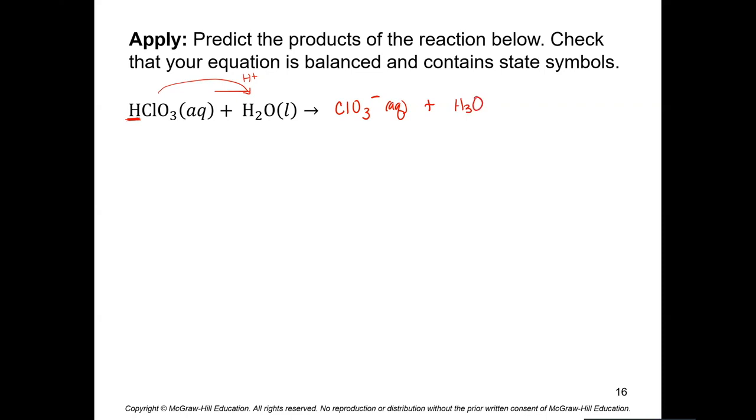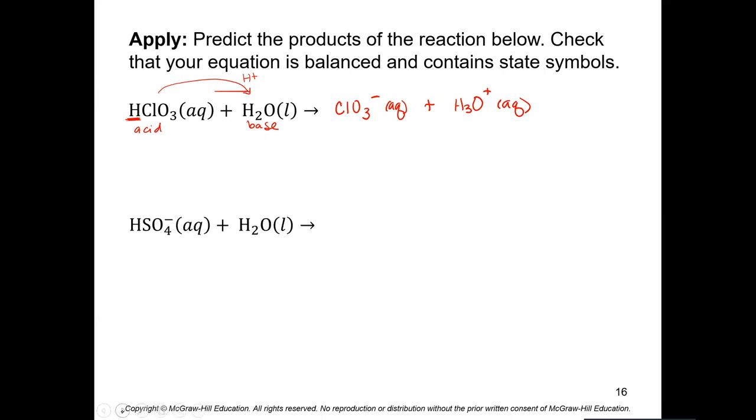Now it has 3 hydrogens, but it also accepted a positive charge, so it's going to go from being neutral as H2O to now having a positive charge. This is also going to be aqueous. So this is basically my acid-base reaction. This was my acid, and H2O here was my base. Again, HClO3 is the acid because it was able to donate a proton, and H2O is my base because it accepted that proton.